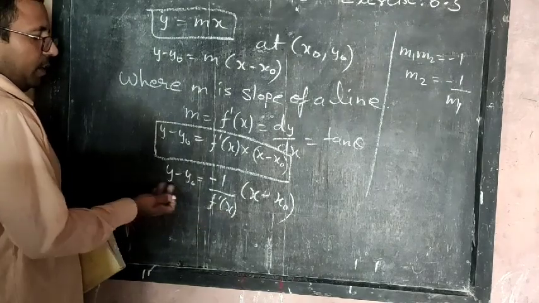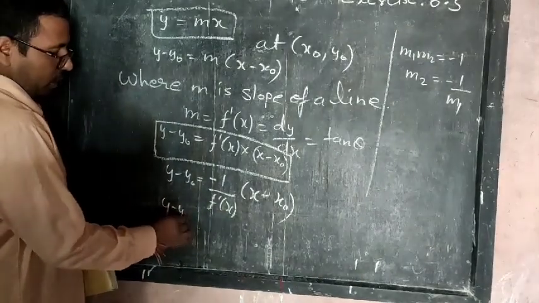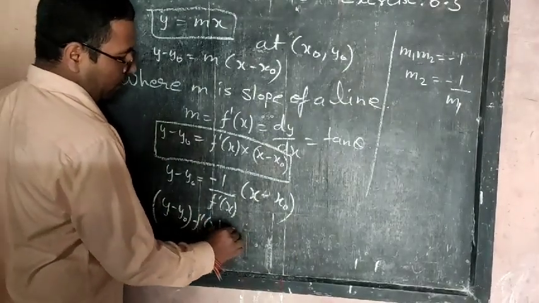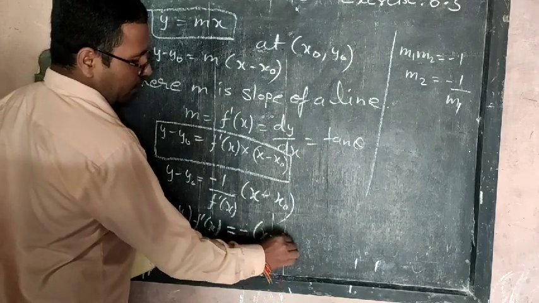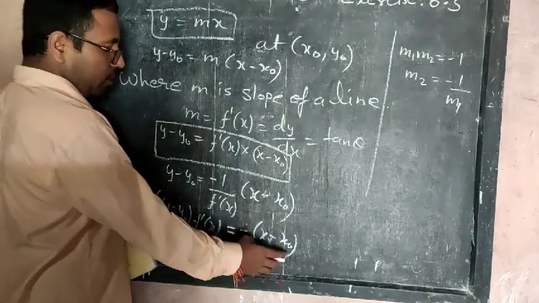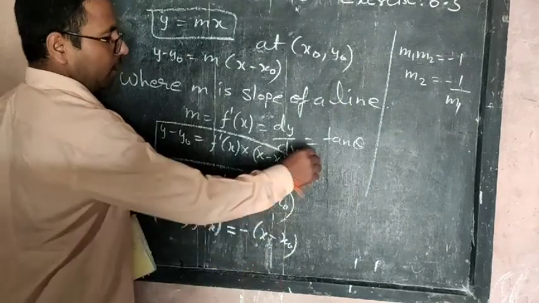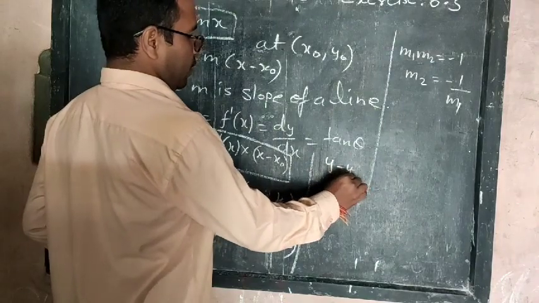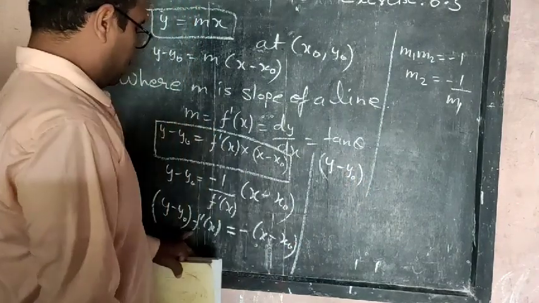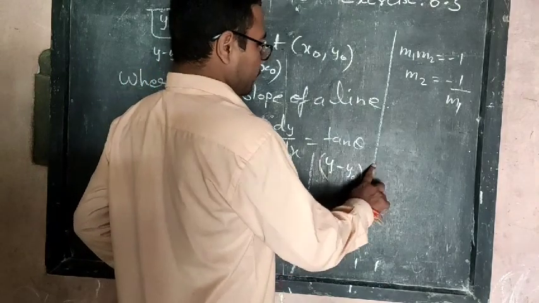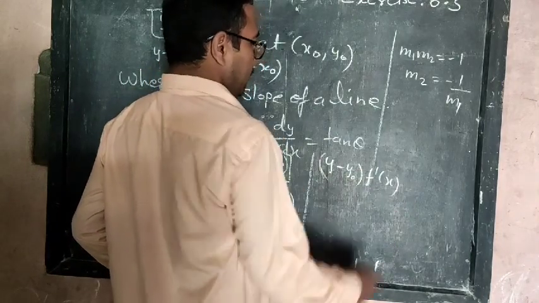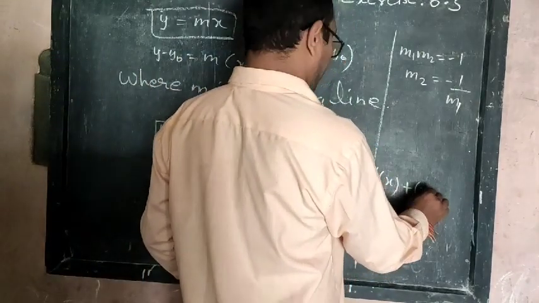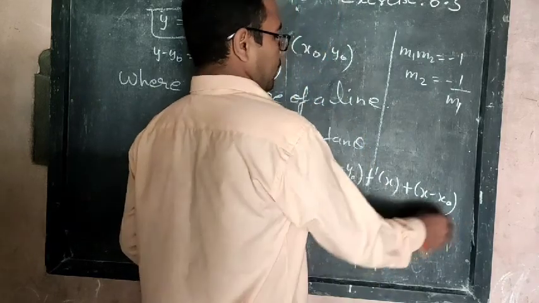You can do cross multiplication also. So y minus y naught into f dash x is equal to minus x minus x naught. This negative sign, just take it to the LHS side, and you will get positive. So y minus y naught, f dash x, and bring this to the LHS side, positive, x minus x naught is equal to 0.